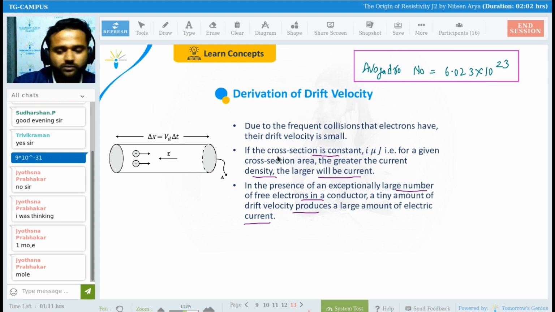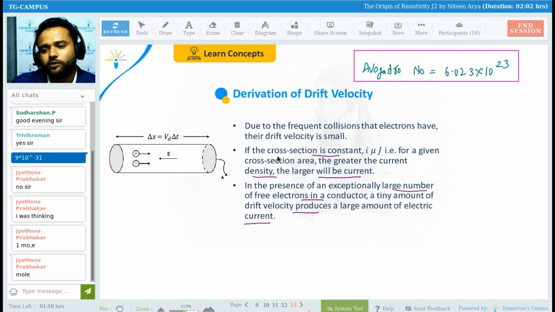Yeah, I think so. In 1 mole we have that much number of particles. Now if we have 10 moles, 20 moles or 100 moles, how many electrons do we have?